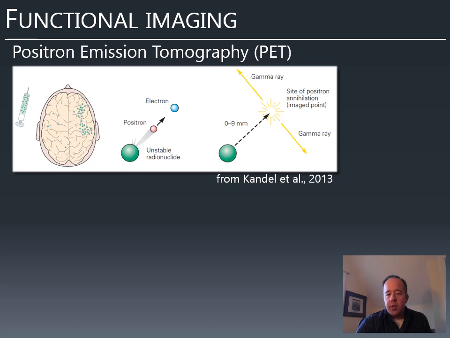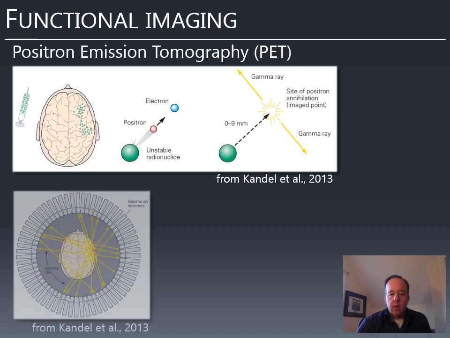When a positron, which is emitted by a radioactive atom, hits an electron, they produce gamma rays, and we can detect these gamma rays. So effectively, a PET scanner is a big gamma ray detector. And the way this works is that you inject the person, so PET is arguably invasive, with radioactive sugar molecules.